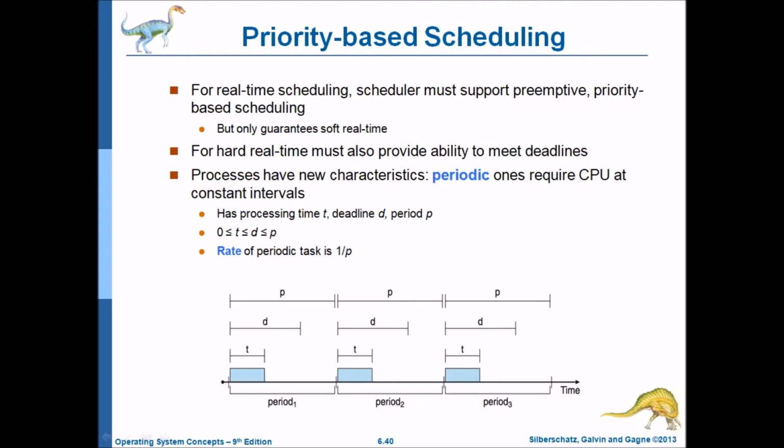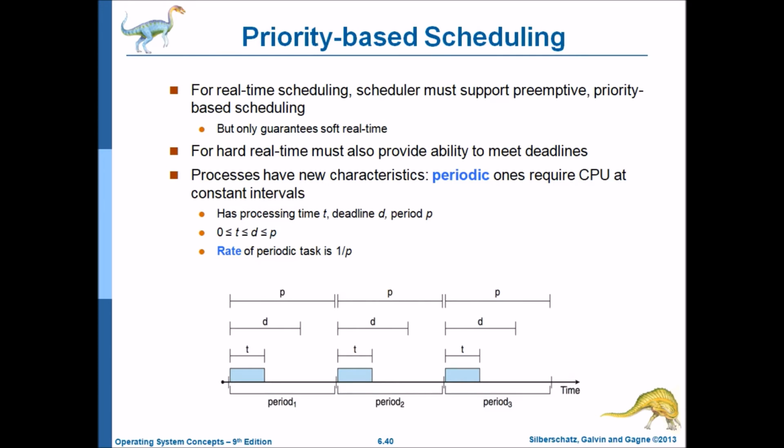Before we proceed with the details of the individual schedulers, however, we must define certain characteristics of the processes that are to be scheduled. First, the processes are considered periodic here. That is, they require the CPU at constant intervals.